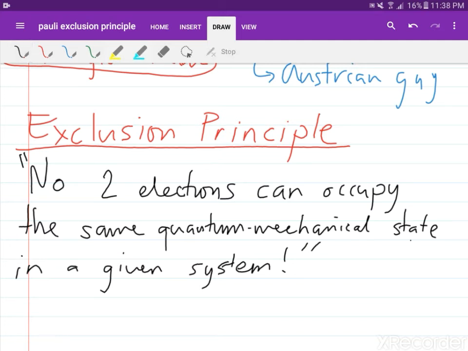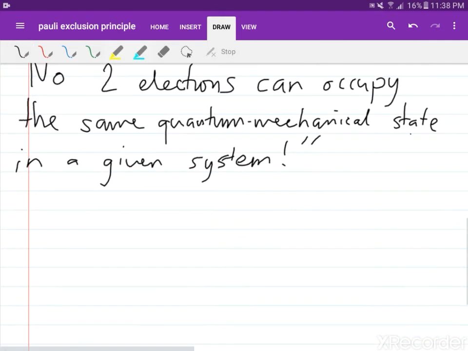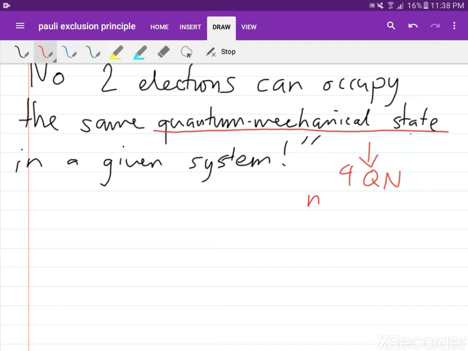So for every electron, its quantum mechanical state, defined by the four quantum numbers, must be unique. No two electrons can have the same values of all four quantum numbers.